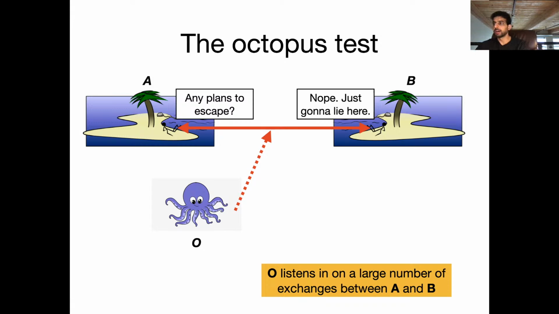The octopus might be able to predict what person B is going to say given some input from person A, if this octopus has observed enough examples, right?